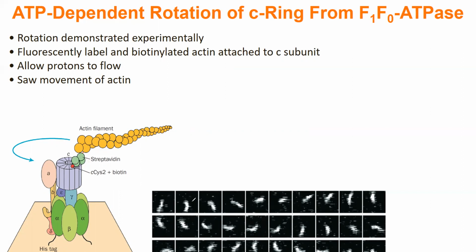That white part is the actin, and over time it is rotating 360 degrees. I know the last part's kind of cut off for you, but that's what they're seeing.